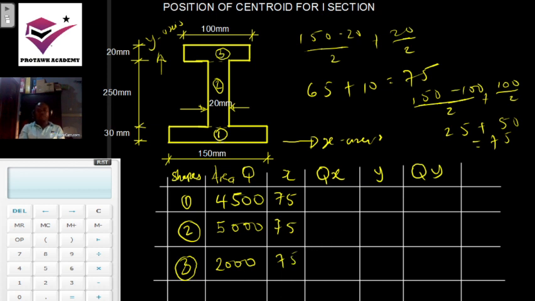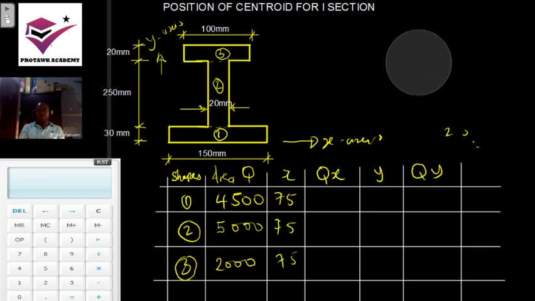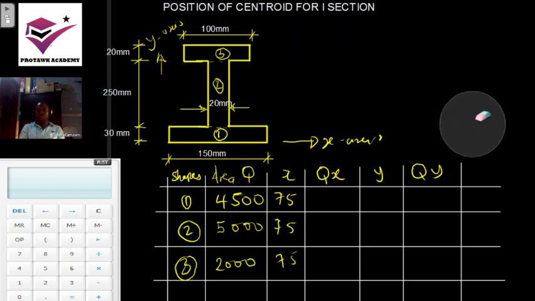So let's clean up so that we have more space for our calculation. Okay, so go ahead, and to get this value, we'll multiply 75 by 4,500. We use our calculator to do so faster.